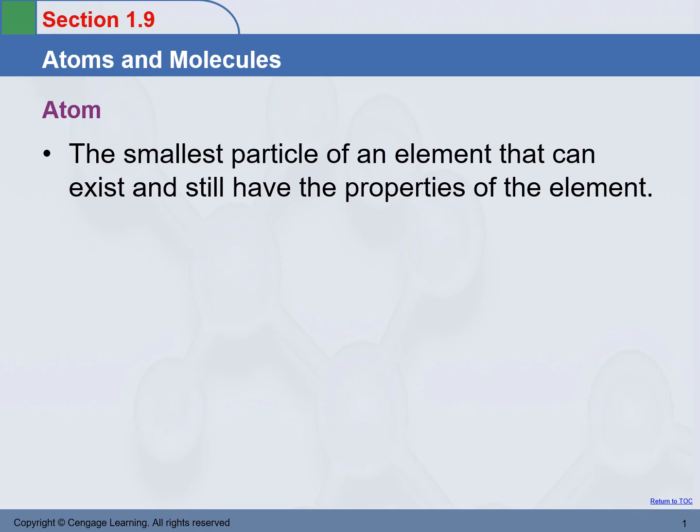There are many particles that are way smaller than atoms. However, those particles do not have the properties of the element. Again, atoms are the smallest particles that can exist and still have the properties of the element.